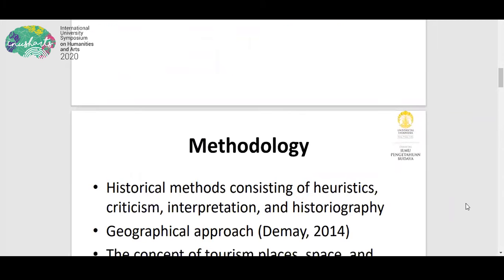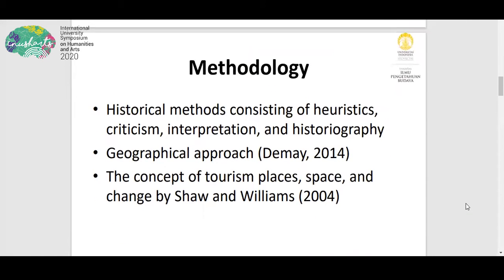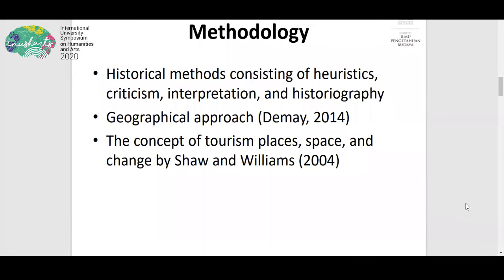This research uses historical methods consisting of heuristic, criticism, interpretation, and historiography. Besides historical methods, this study uses a geographical approach. The methods developed by geography here are used to analyze the history of tourism activity in Eastern Indonesia.